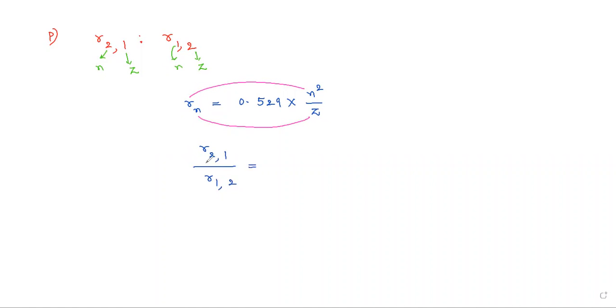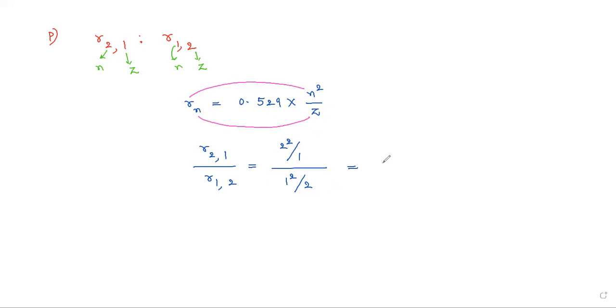Radius of the nth orbit. Okay, in the first case, I mean the R21 case by the R12 case. In the first case, n square by Z, right? Because the first one is n, second one is Z. I've just taken n square by Z. In the second case, it is what? 1 square by 2, isn't it? n square by Z. So that's it. The answer can be given as, this 2 goes into the numerator.